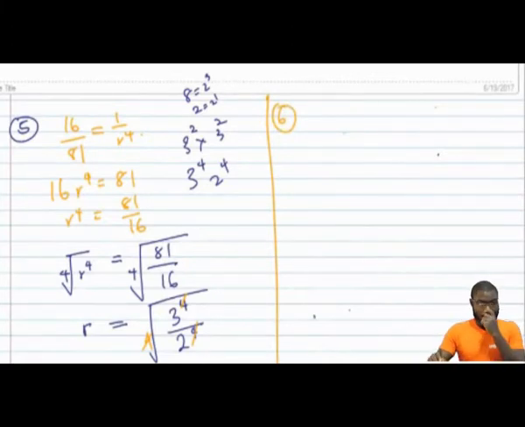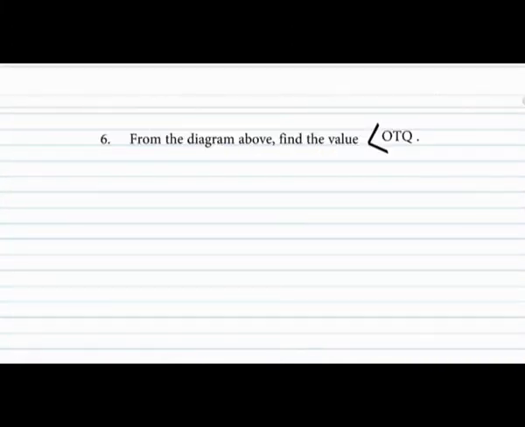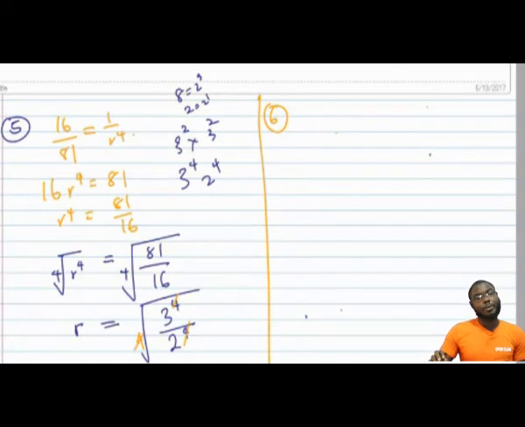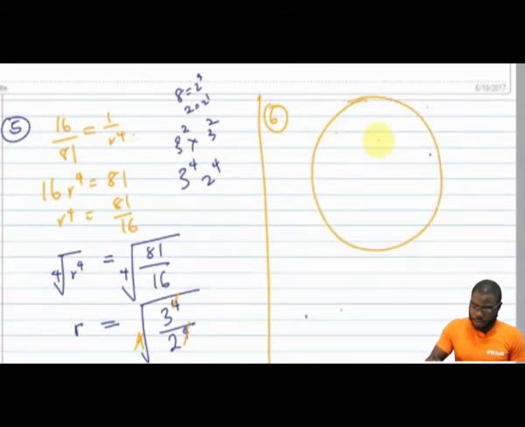Question number 6 says, from the diagram above, find the value of angle OTQ. So this is under circle geometry. The circle is this.